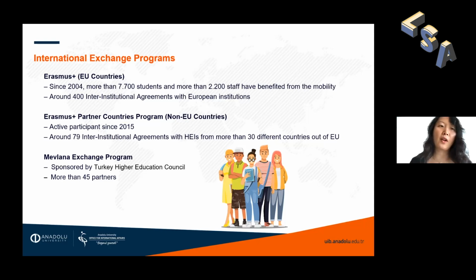And from 2015, we launched Erasmus partner country programs. Your university, ITS, is one of the earliest partner universities for Anadolu in this program. By now we have about 79 inter-institutional agreements with universities in more than 30 countries.